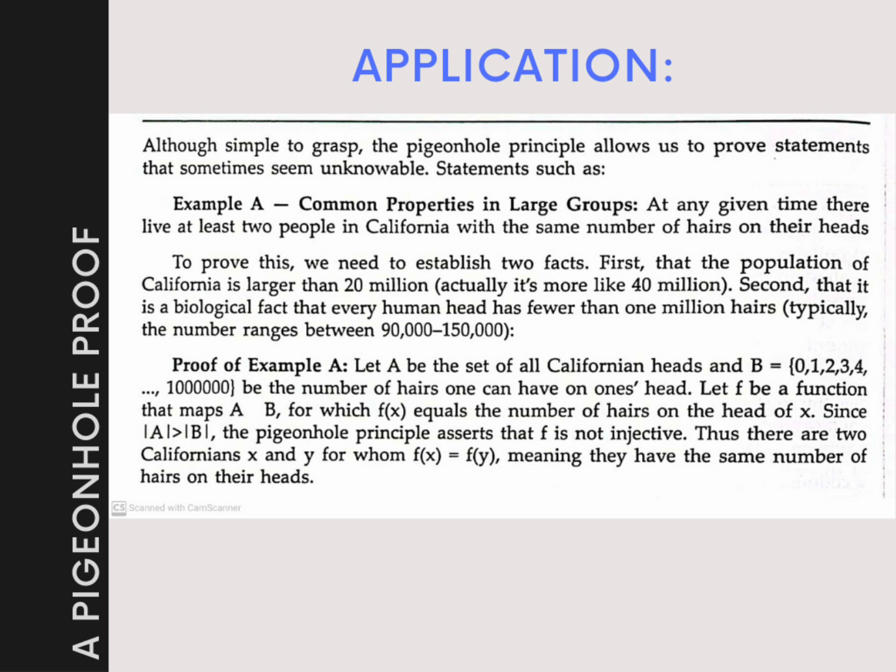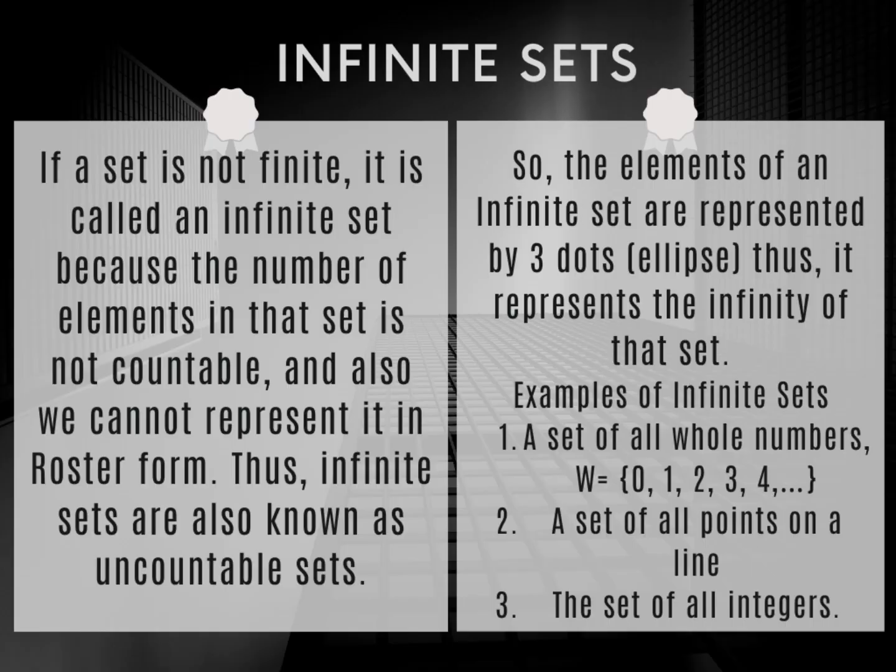Since A is greater than B, the Pigeonhole principle asserts that f is not injective. Thus there are two Californians, x and y, for whom f(x) is equal to f(y), meaning they have the same number of hairs on their heads. Alright, so aside from the Pigeonhole principle, let us also discuss infinite sets.